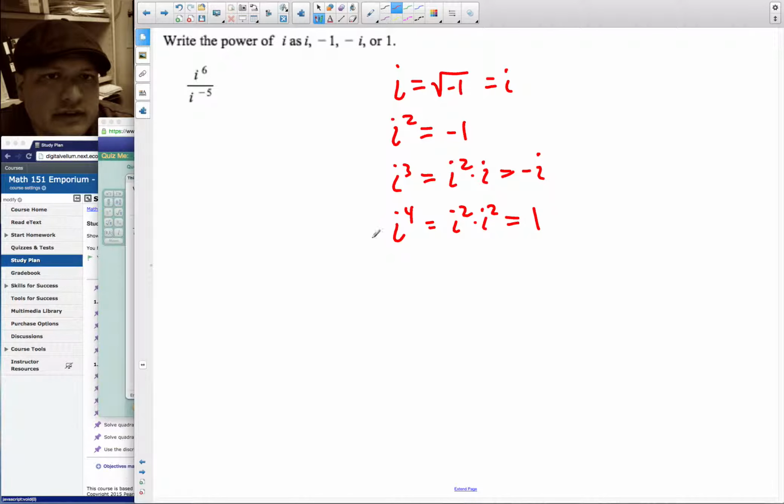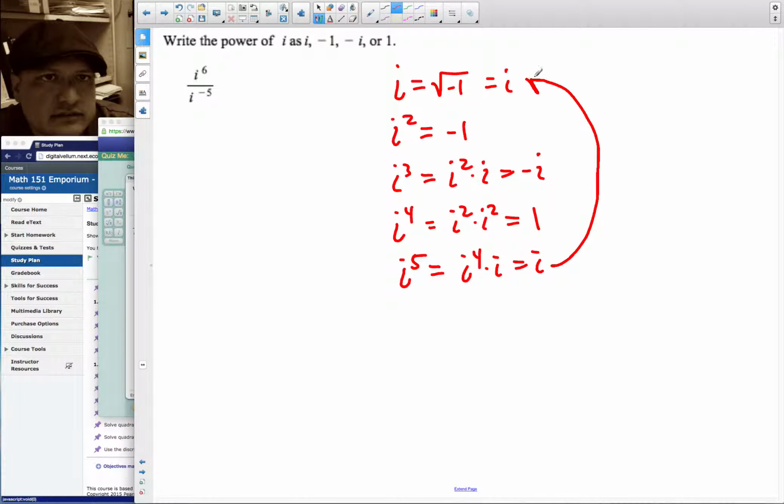And then once you get to this point, it just repeats itself, because i to the 5th is i to the 4th times i, which is 1 times i. So you can see how it repeats over and over again.